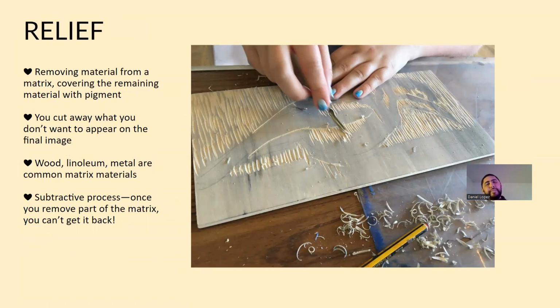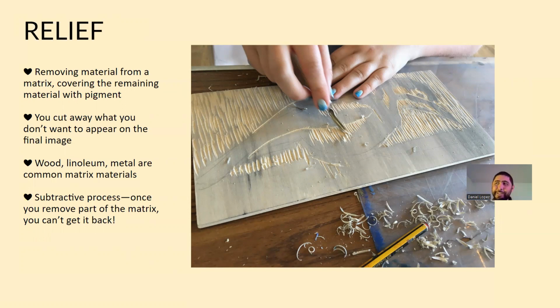All right, so relief is the first type of printmaking. A relief is cutting into a material, the matrix. In this case, I believe this is linoleum, but I learned with linoleum, and this is a subtractive process.